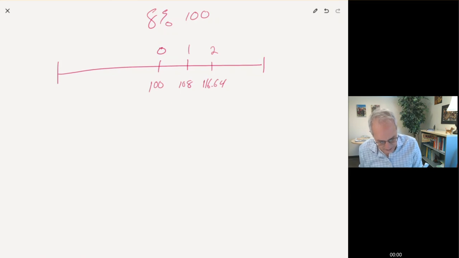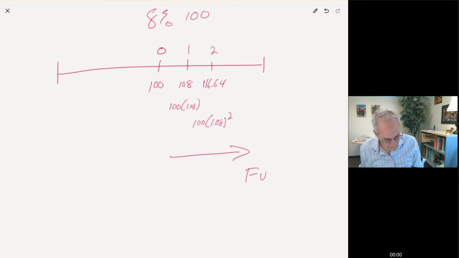The way we got these is we took 100 times 1.08 and 100 times 1.08 squared. So when we go this way, it's what we call future value, FV, because as we go to the right, money is growing.